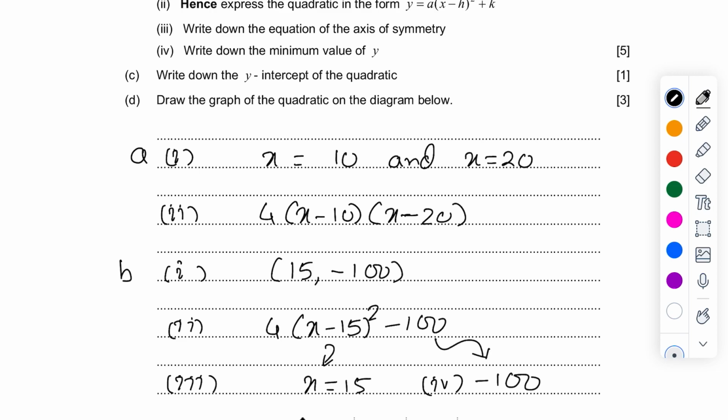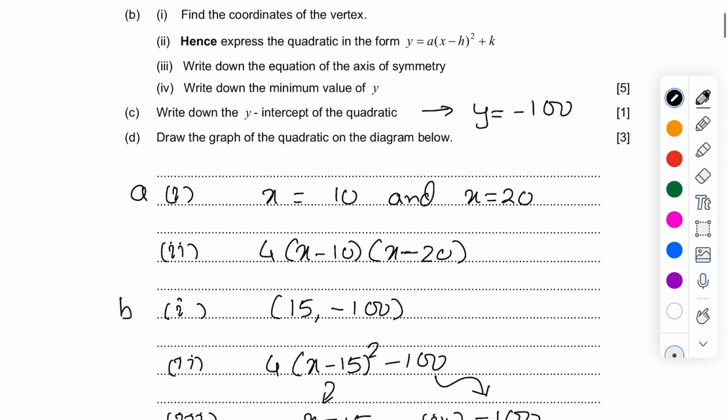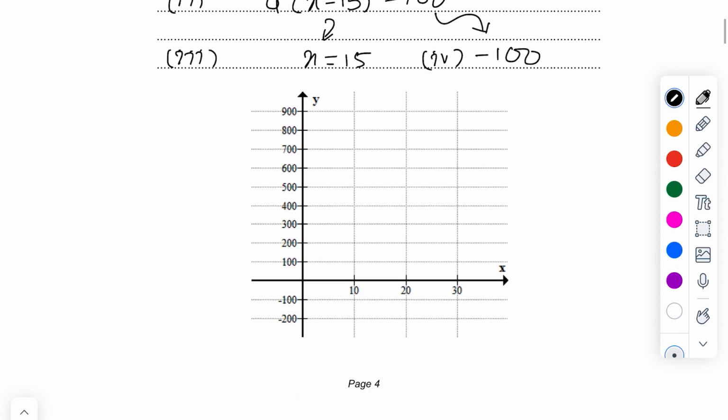Write down the y-intercept. Plug in x equals to 0, so y-intercept is 800. Now he is asking us to draw the graph.